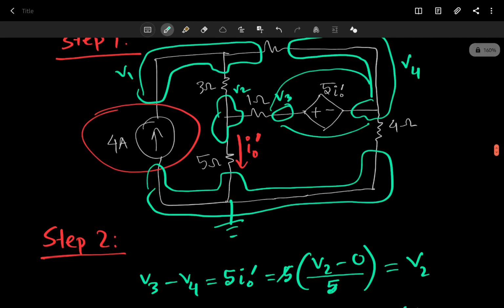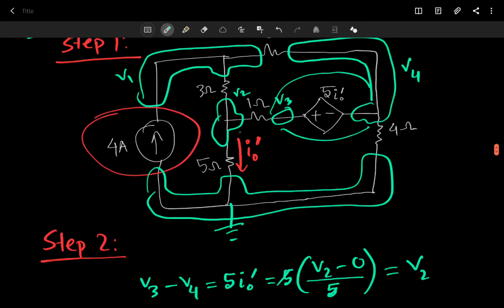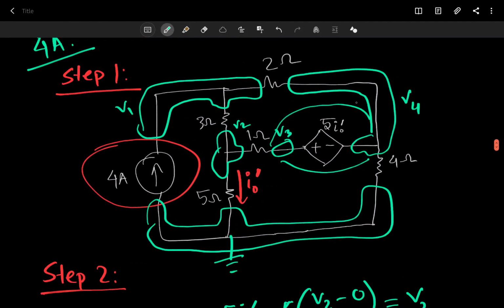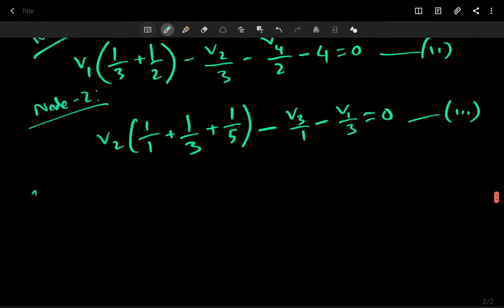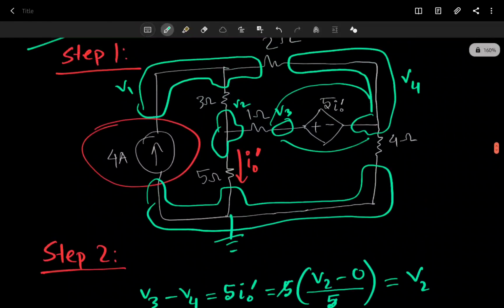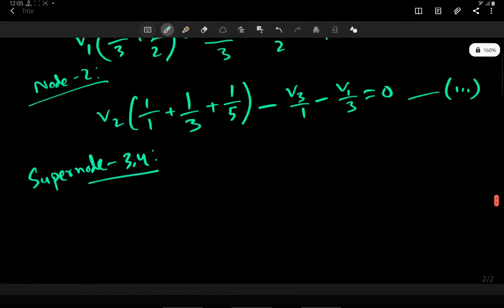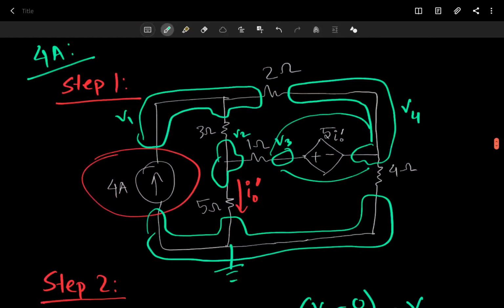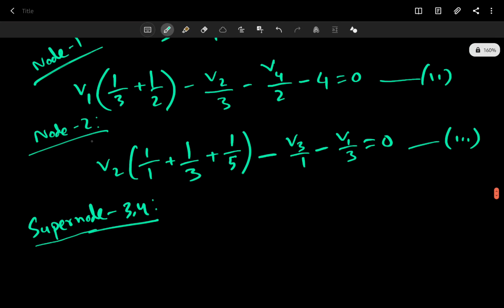So what we do is, V3 is connected via 1 ohm, and V4 is connected to 2 ohm. For the super node 3, 4, the VIP will be both V3 and V4. If you remember, whichever node's equation you are writing, that's the VIP, and everything else has a minus coefficient in front of them.